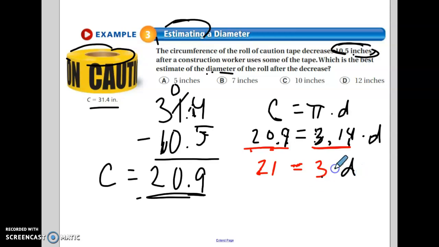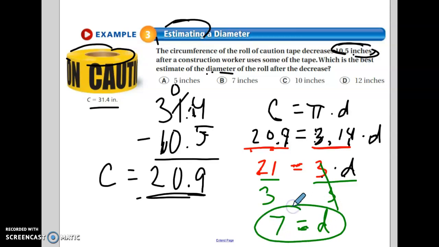And so this is saying 3 times the diameter is 21. Work backwards and say, well, divide both sides by 3 to figure out what your diameter is. So 21 divided by 3 is 7. So it seems to me like a good approximation there for your diameter, assuming this step of estimating, rounding appropriately, gives us 7.